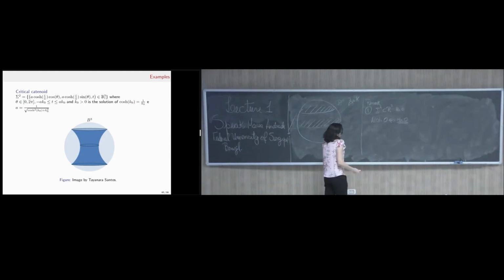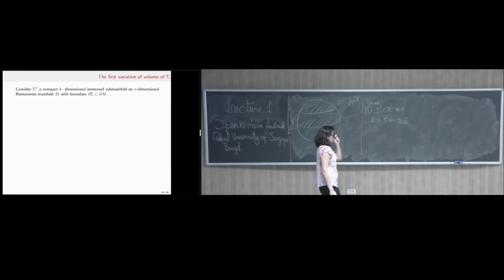The question is, you can do the same thinking. You can show that you have a free boundary minimal surface, you have a critical point for this functional.